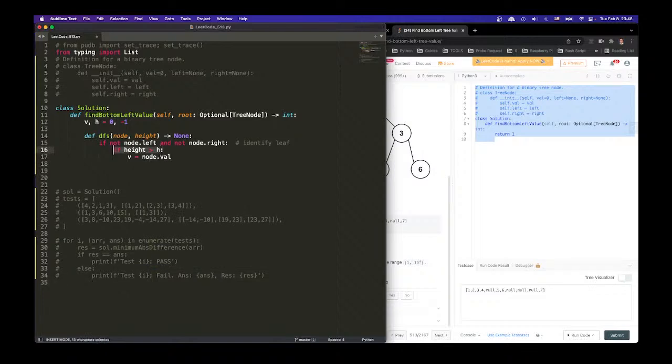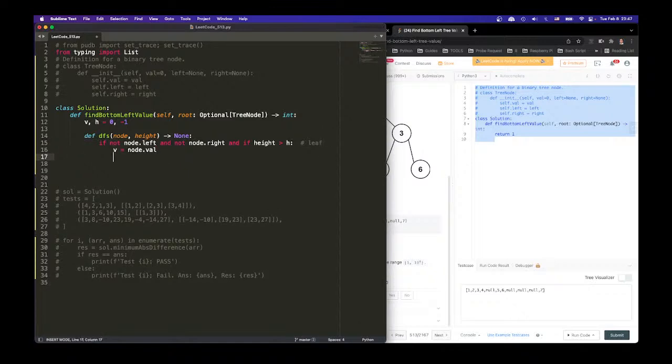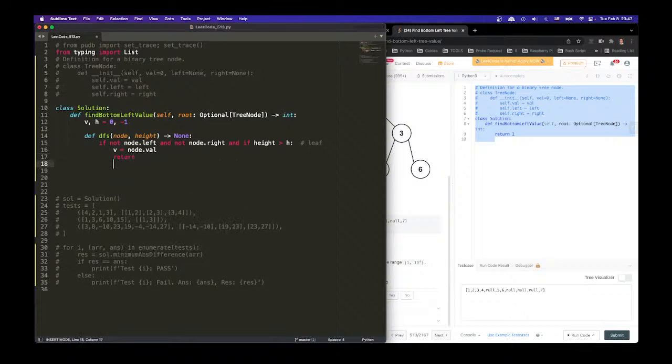Which I realize we can put this one here as well. Right? And this, we update this, and return.